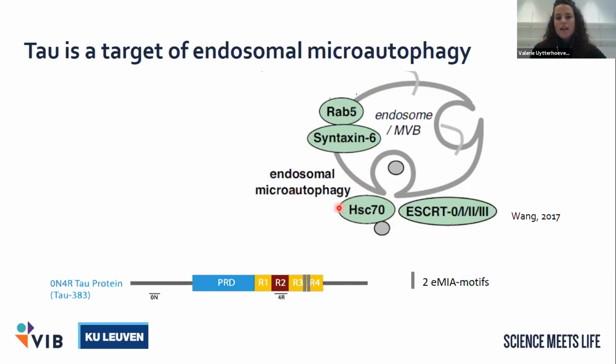So the HSC70 protein then brings the proteins with the KFERQ motif, including Tau, to the late endosome, where the protein is engulfed and sent for degradation to the lysosome.